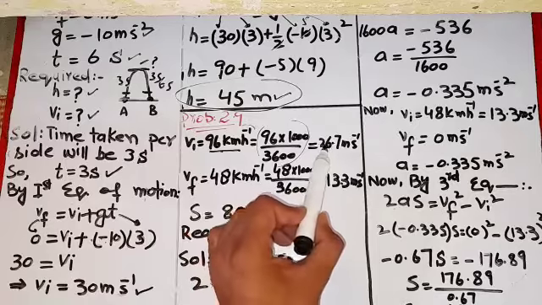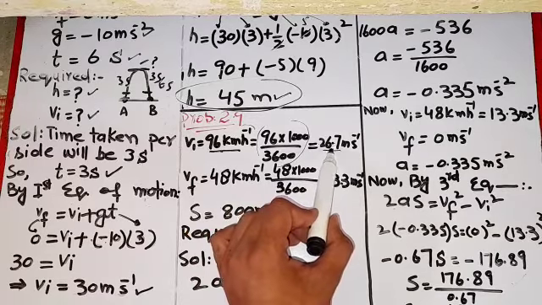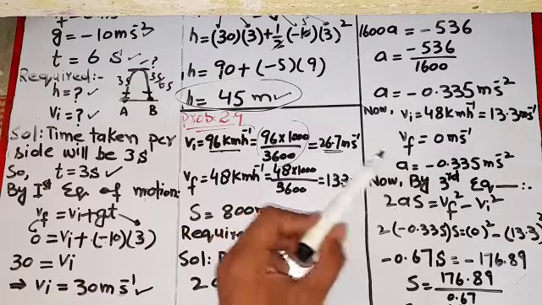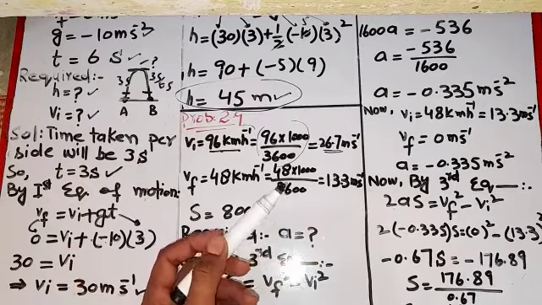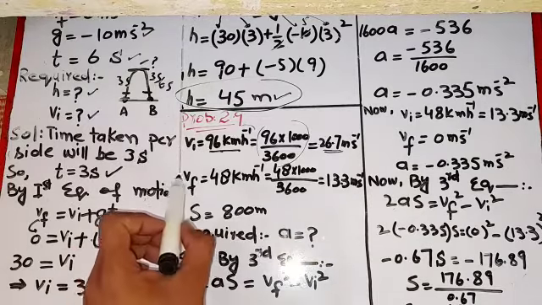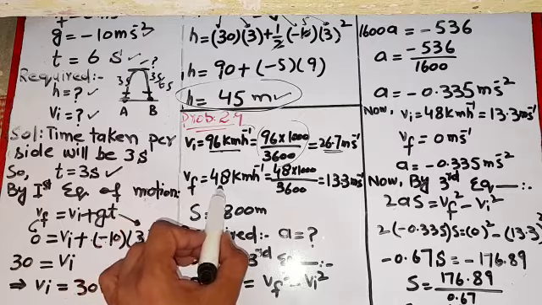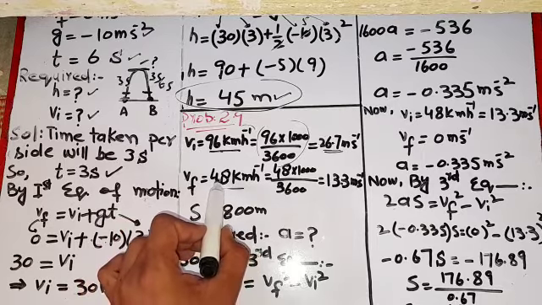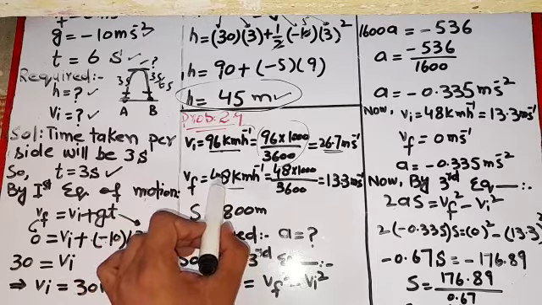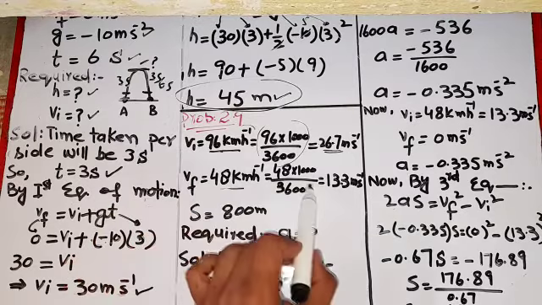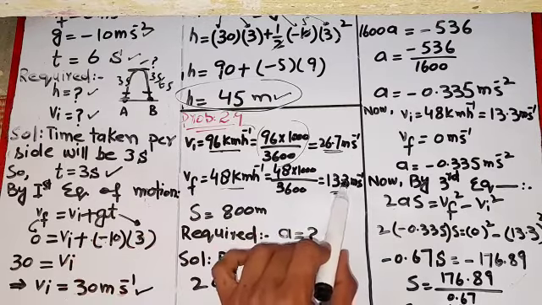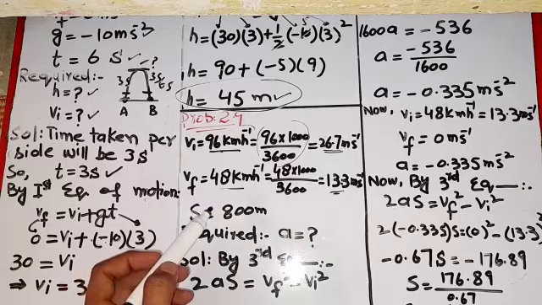We will round it off to 26.7 meter per second. Now the final velocity is 48 km per hour. By converting it the same way, the answer will be 13.3 meter per second.